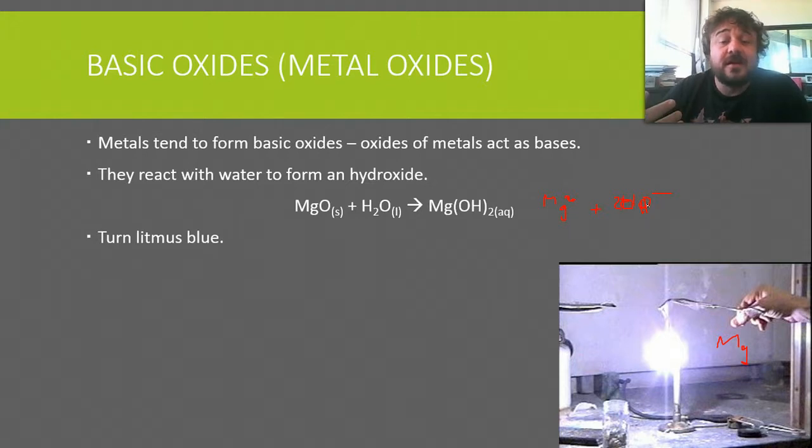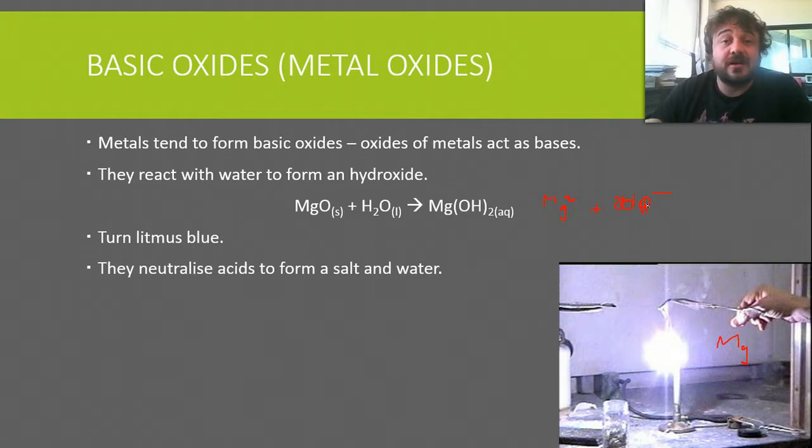So if you dissolve a metal oxide, magnesium oxide, into water, it needs to be moist, it will turn litmus blue. They neutralize acids. If we put magnesium oxide into an acidic solution, it will neutralize it. So they neutralize acids to form a salt and water. For example, magnesium oxide, if we add it to hydrochloric acid, we'll get water plus magnesium chloride.